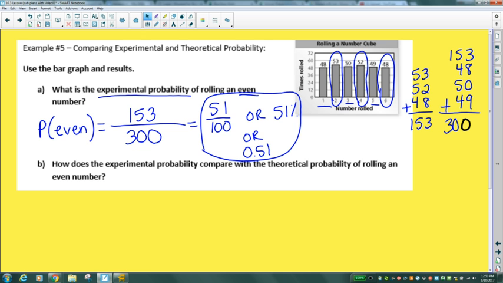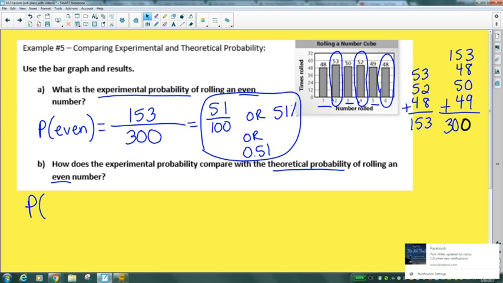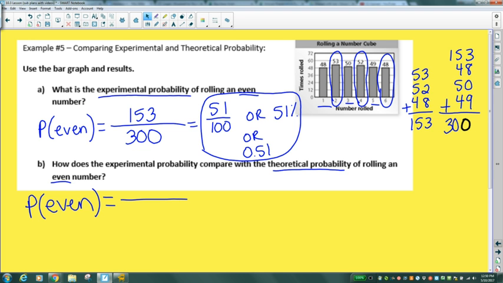B, how does the experimental probability compare to the theoretical probability of rolling an even number? So in order to compare it, we need to actually find the theoretical probability of an even number. So the probability of an even number equals, well, the total number of outcomes that I have when I roll a dice are 6.